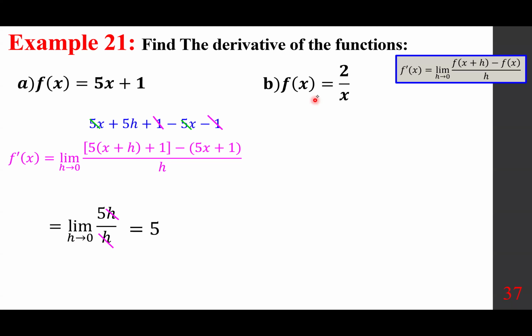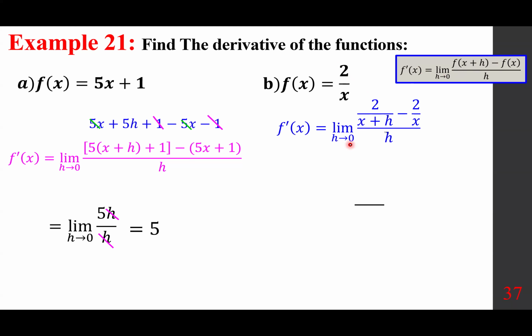We do the same thing here. We write f prime of x is the limit as h approaches 0, fraction bar at the bottom is h, at the top f of x plus h is 2 over x plus h. This is f of x plus h, and of course minus f of x is 2 over x. As you can see, you're dealing with a complex fraction.